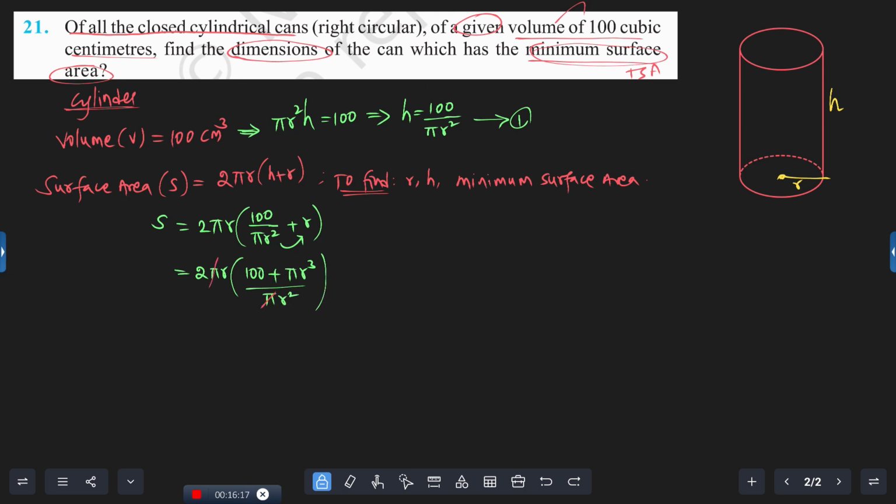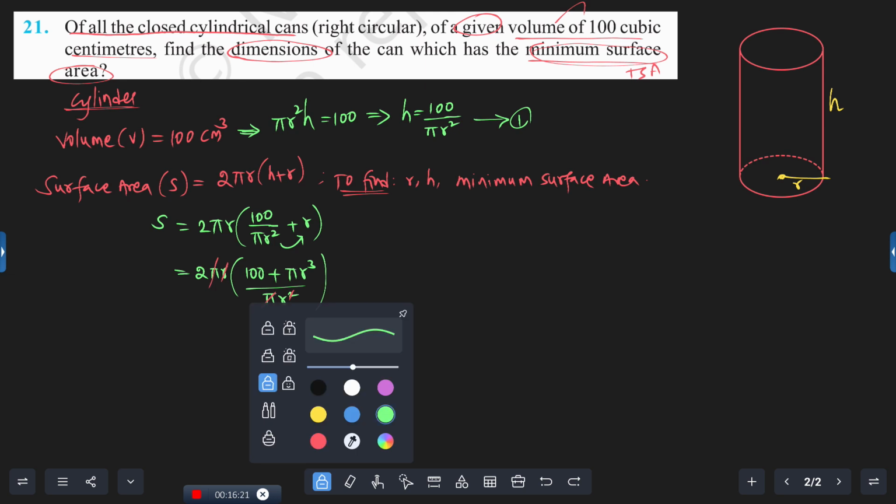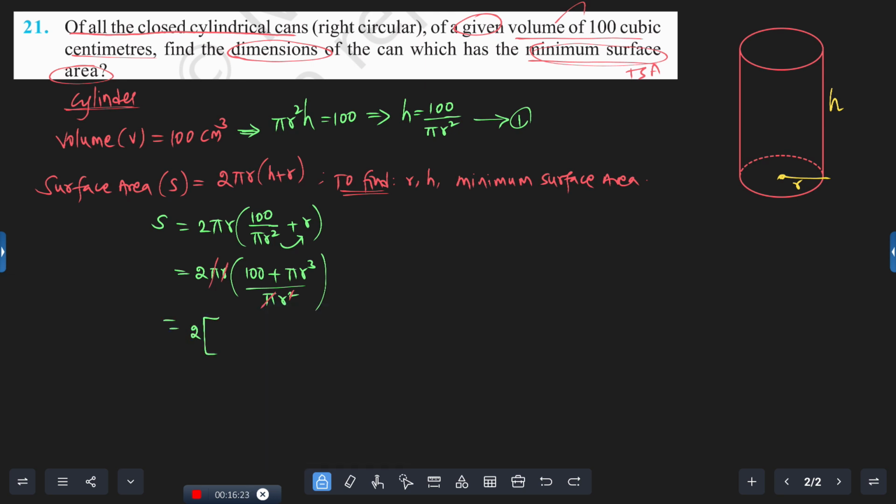Pi cancels, one r cancels. Now there is a 2 outside. To avoid the u by v formula, I am going to apply this r separately, which means 100 divided by r plus pi r square, because r cube by r is r square.